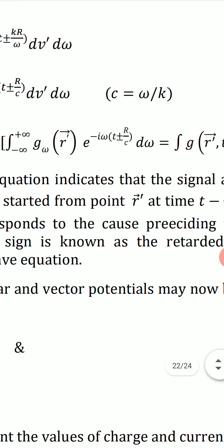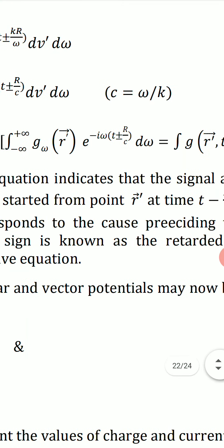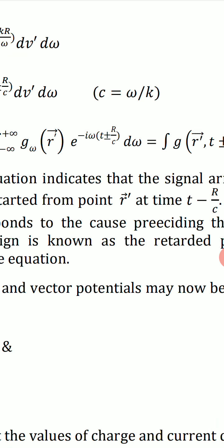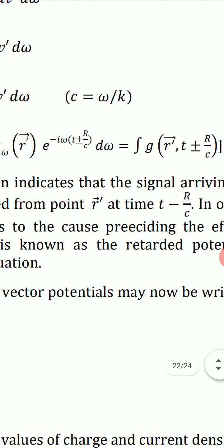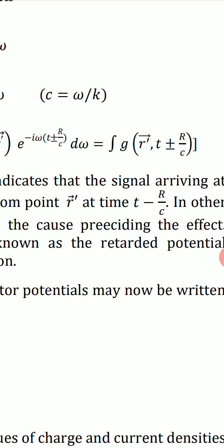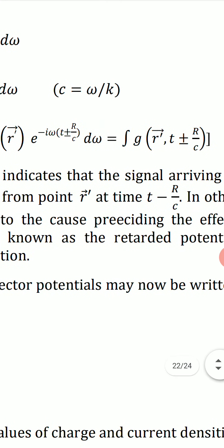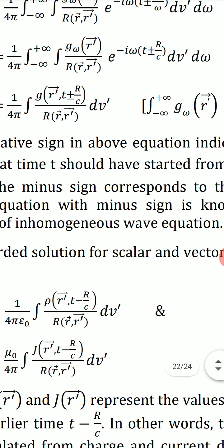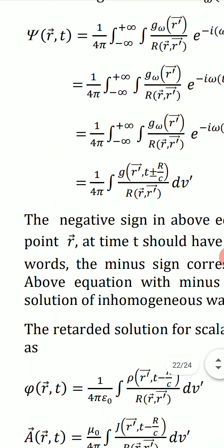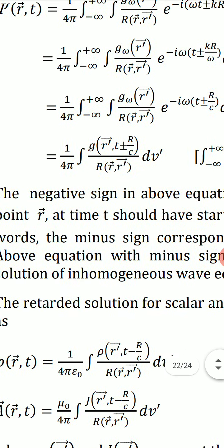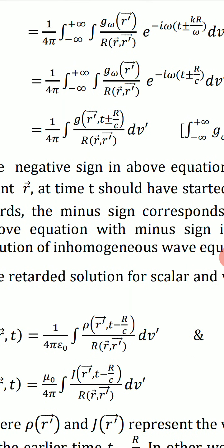And now for integral g omega r dash e to the power minus I omega t plus minus r upon c d omega, we write it as equal to integral g, which is function of r dash, and t plus minus r upon c. Then psi rt now becomes 1 upon 4 pi integral g, which is now function of r dash, and t plus minus r upon c divided by capital R, which is function of r dash, into dv dash.